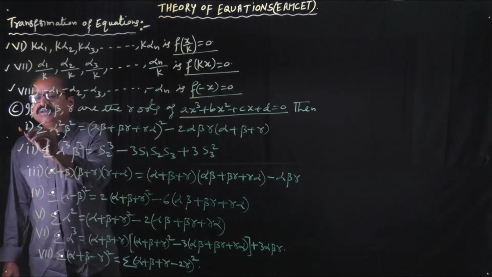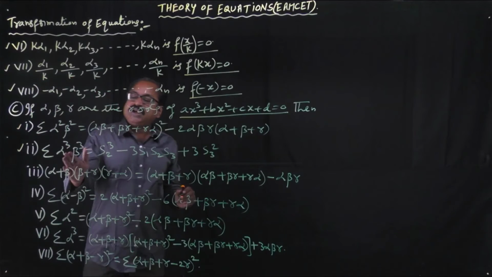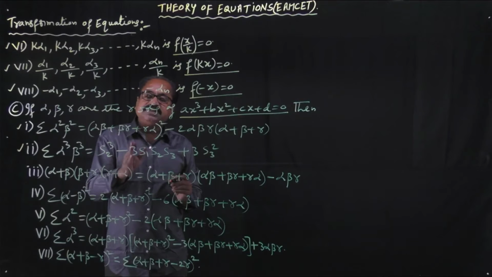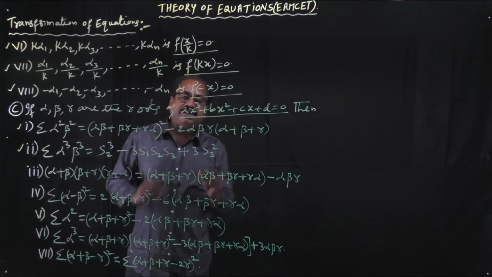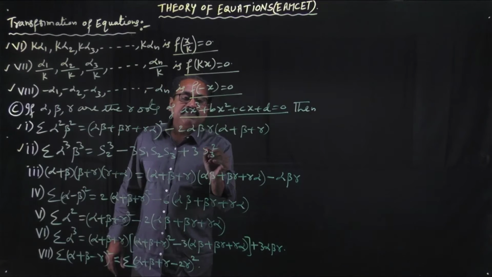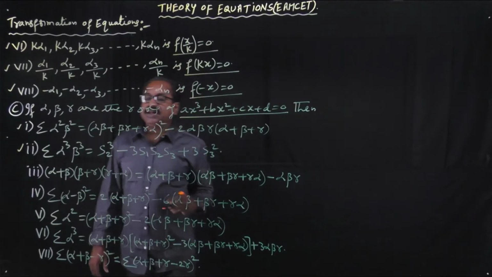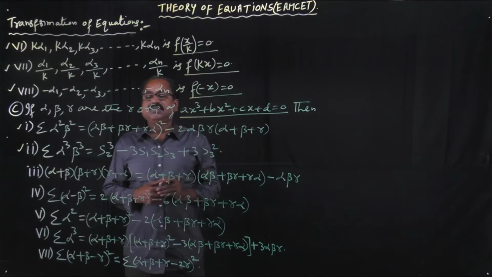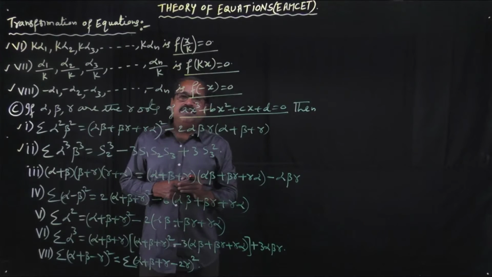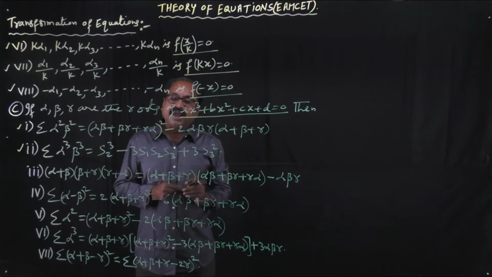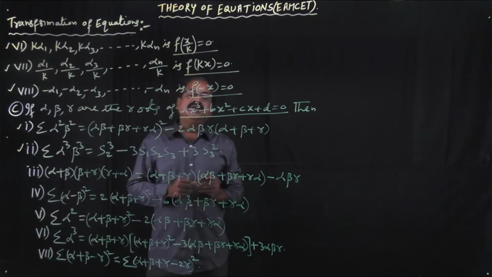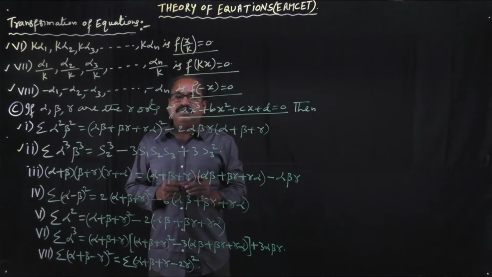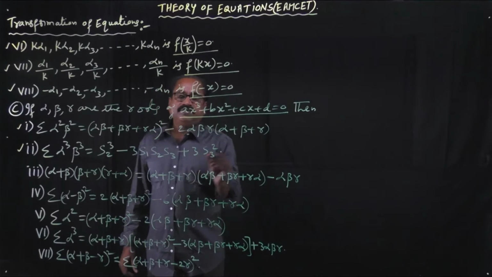Second one is sigma alpha cube beta cube is equal to s2 cube minus 3 s1 s2 s3 plus 3 s3 square. Here s1 is sum of the roots, minus a1 by a0. s2 is sum of the product of the roots taken 2 at a time, is a2 by a0. s3 is product of the roots, a3 by a0.